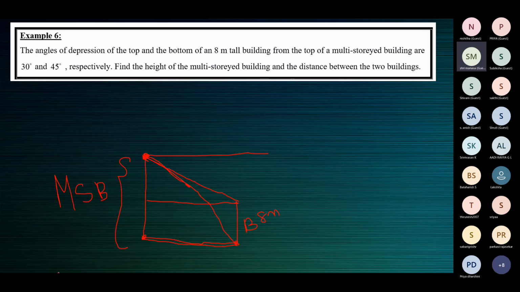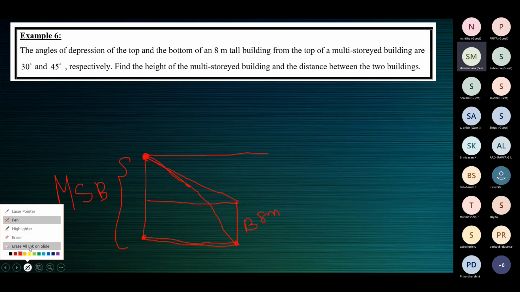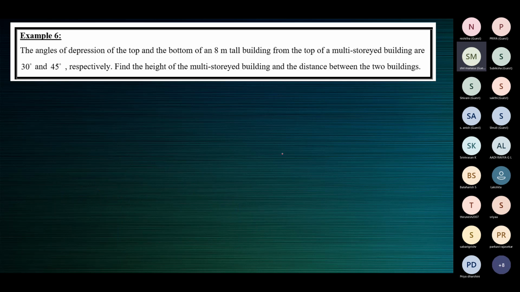I'll do it again, just for you. See here. I'm trying to say that you are standing on the multi-storied building. What are we looking at? We are looking at the top and the bottom of the tall building.